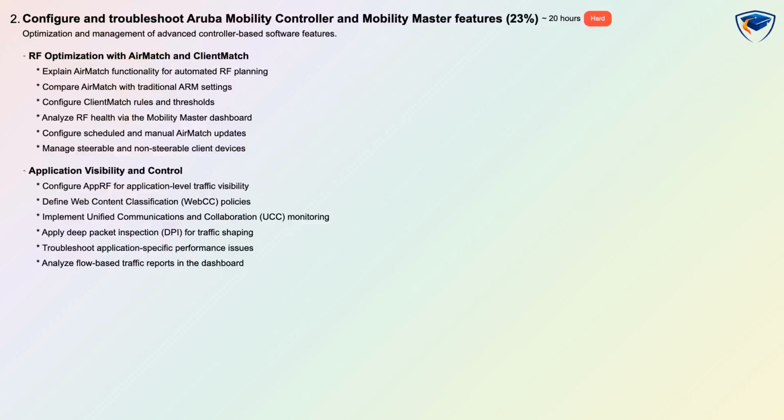You will learn to schedule and run Error Match updates, analyze RF health from the Mobility Master dashboard, and manage steerable and non-steerable clients. The domain also covers application visibility and control, teaching app RF configuration for traffic visibility, web content classification policies, UCC monitoring, DPI for traffic shaping, and troubleshooting application-level performance with flow-based reports.